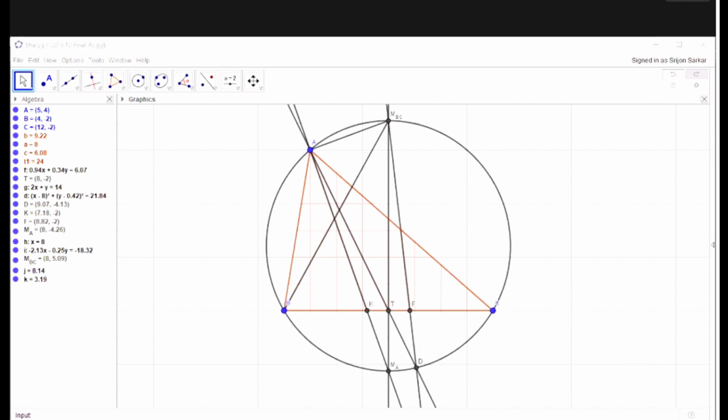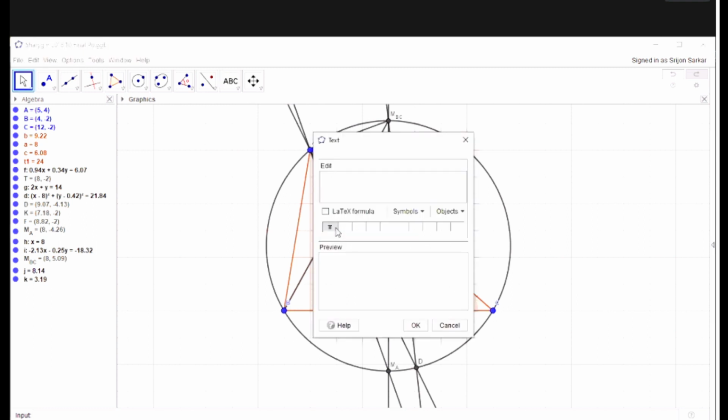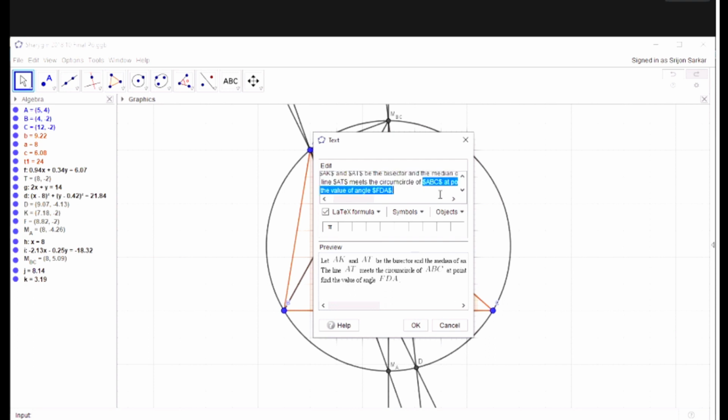I'm copying the problem statement. One second. Actually, I should have hidden this.